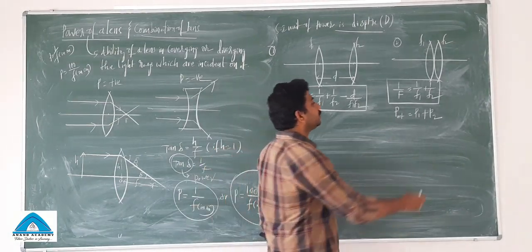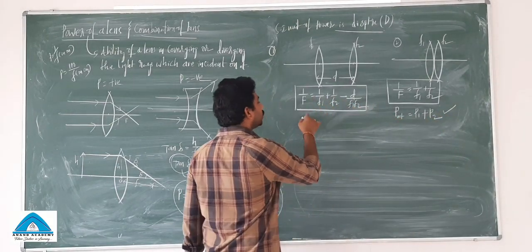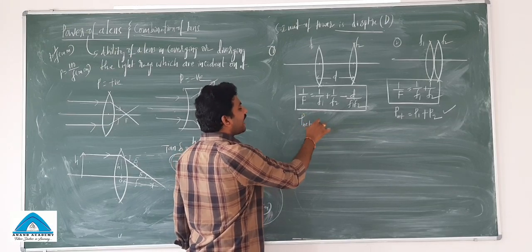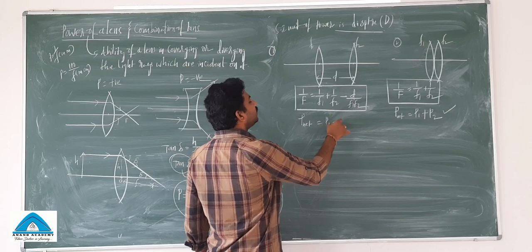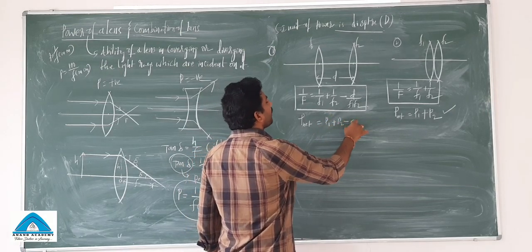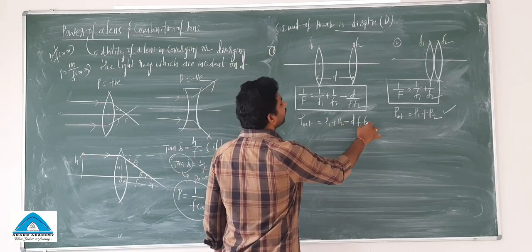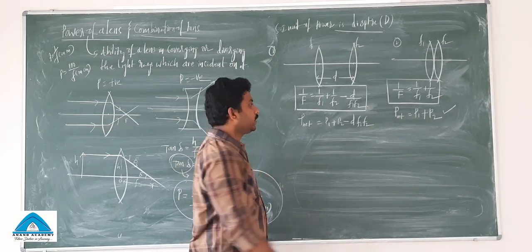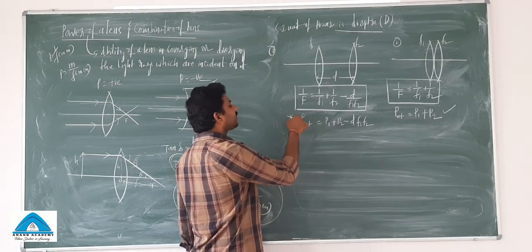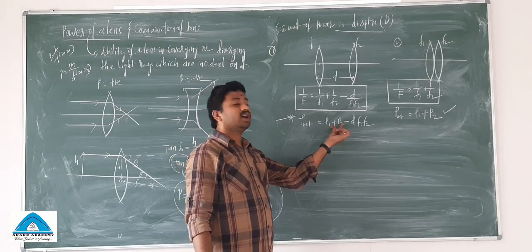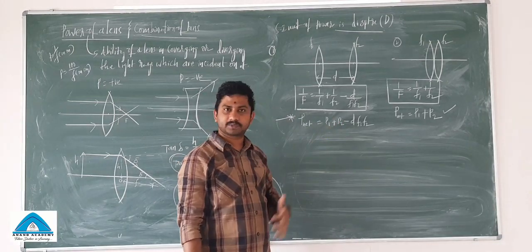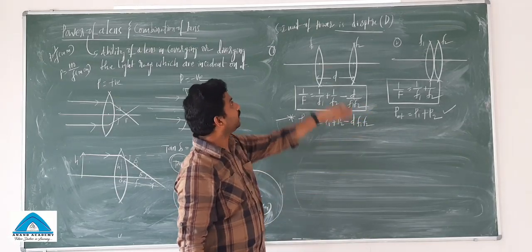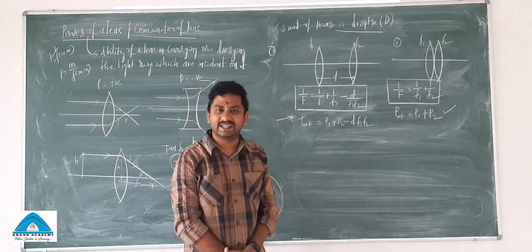Now, here also, the net power I can write as P1 plus P2 minus d into P1 into P2. In one of the NEET exams, a concept based question was asked on this concept. So this is about net power and the combination of the lens also.